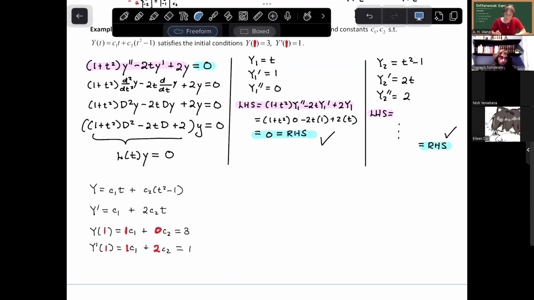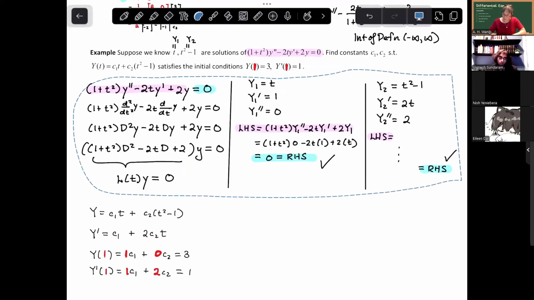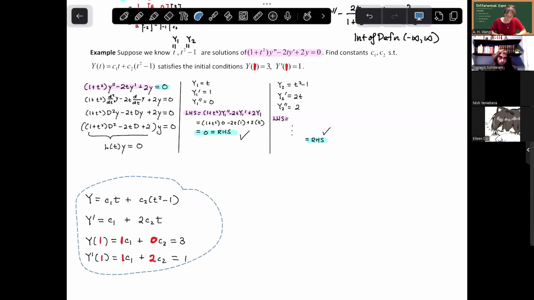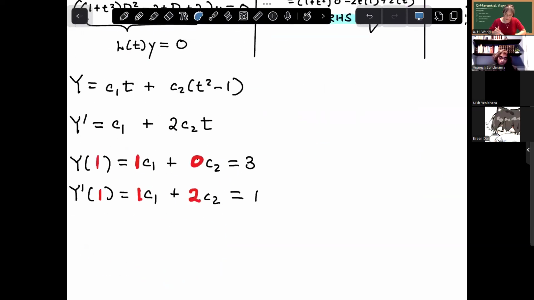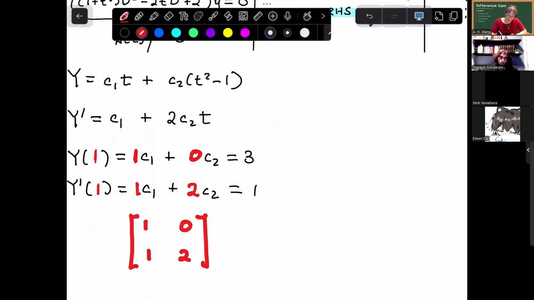Very similar. Let me go ahead, finish this, and then we'll be done. Okay. So again, make sure you go 1, 0, 1, 2. And then this is going to be C1, C2. So you're solving for C1, C2.